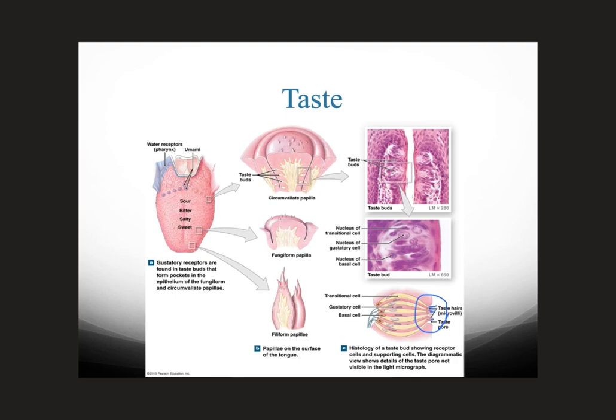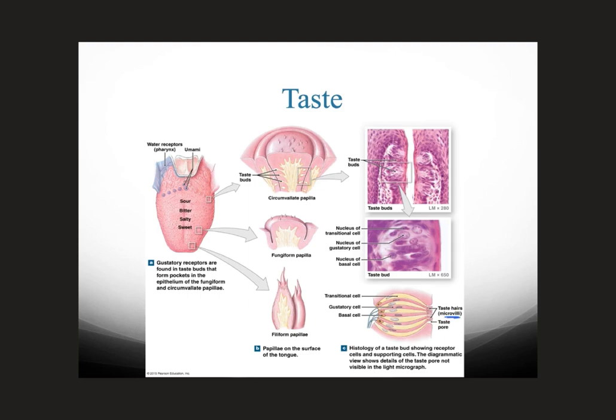Each of these taste buds is going to have a taste pore, which is an opening. So when you chew on something, this opening receives whatever substance it is that you chewed on. And these microvilli are here to do what?